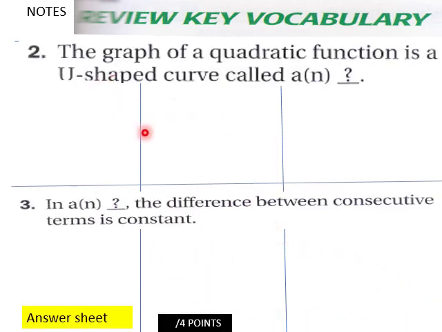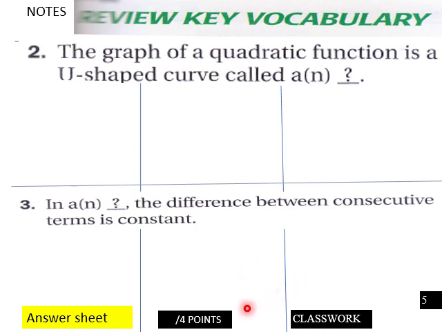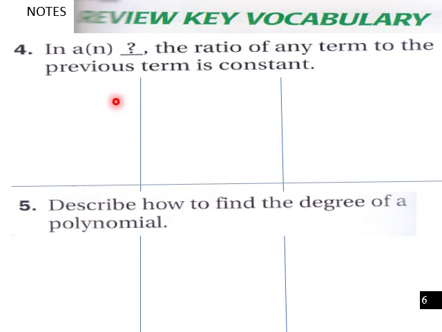Page 5, we have the graph of a quadratic function is a U-shaped curve called a blank. And then number 3, in a blank, the difference between consecutive terms is constant. What would be a good fill in for that sentence there? And you got 4 points here for page 5. Page 6, in a blank, the ratio of any term to the previous term is constant.